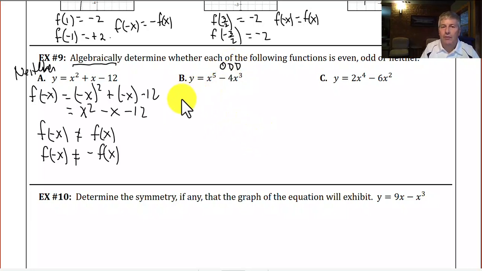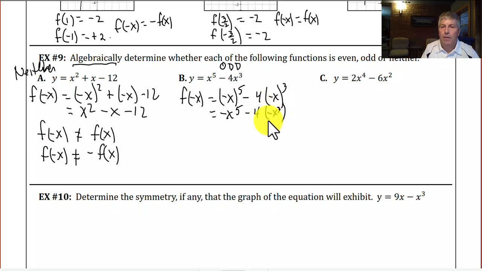We'll prove that algebraically by putting in negative x into our function. So the opposite of x to the fifth minus 4 times the opposite of x cubed. We get negative x to the fifth, times negative 4 times negative x cubed.